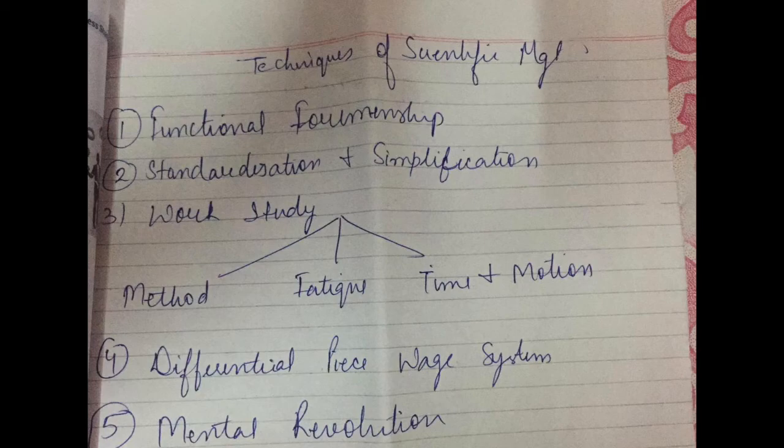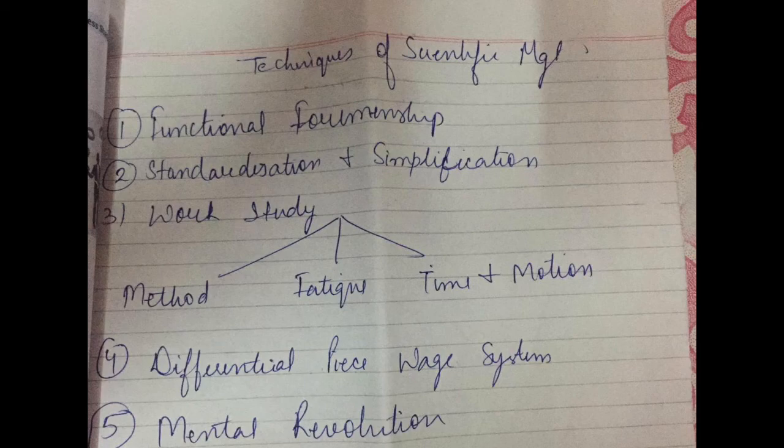Only then will they be able to produce results in a good manner, right? So he suggests that the workers and management should have mutual trust and confidence with each other. They should have a scientific attitude towards the problems in the organization, so that the organization can work efficiently in the environment which is prevailing in the society. So this is basically mental revolution.